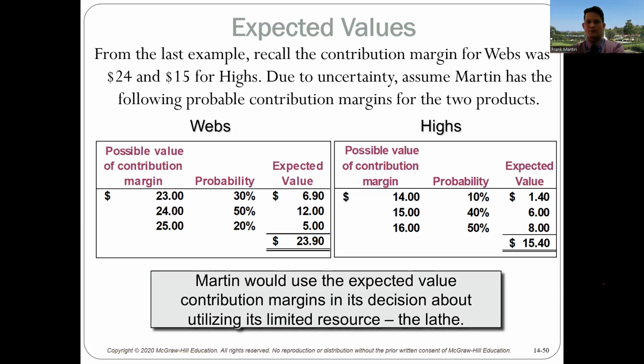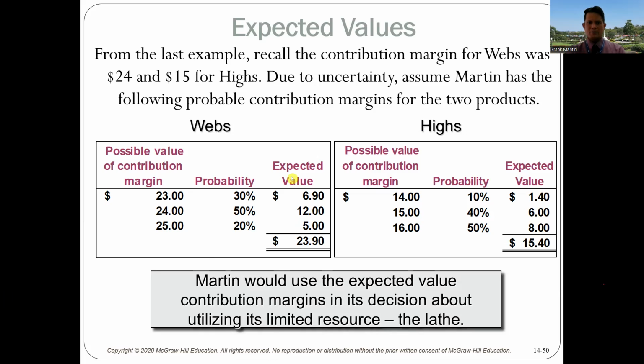The contribution margin is 24. So we can assume maybe if it's less, it becomes 23. If it's more, it becomes 25, right? So add or subtract $1 to each. Now the probability could be 30% when it is less, or 20% when it is more. And when it is the same, it is 50%.